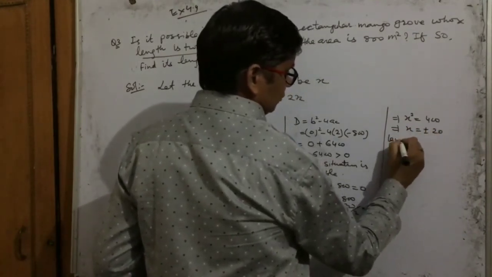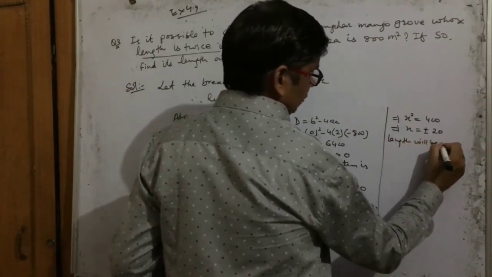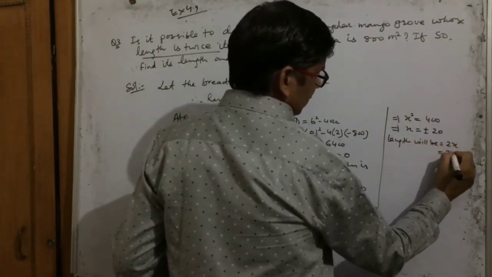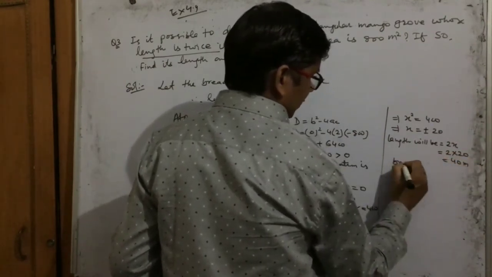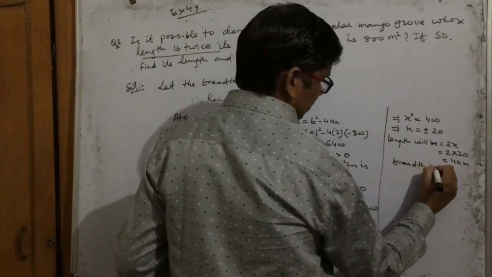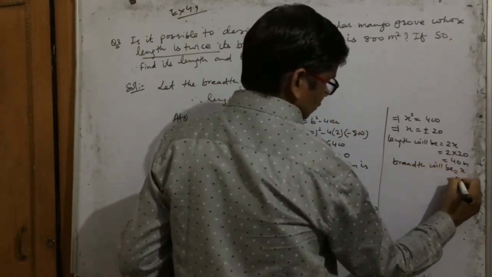So length will be 2x, which means 2 into 20, 40 meters, and breadth will be x, which means 20 meters.